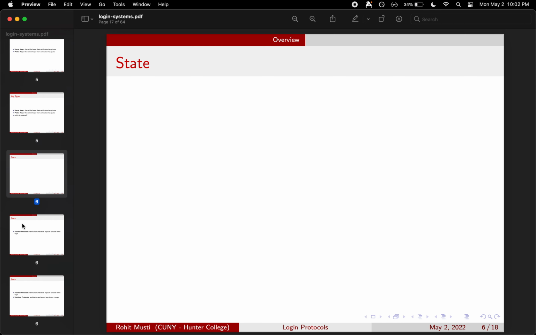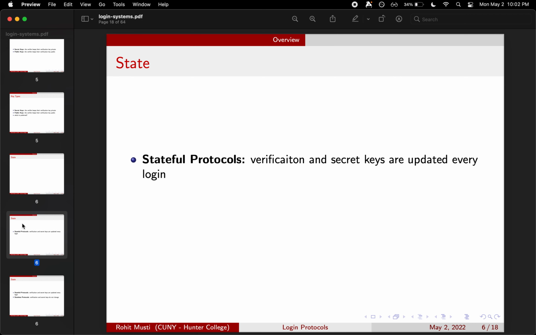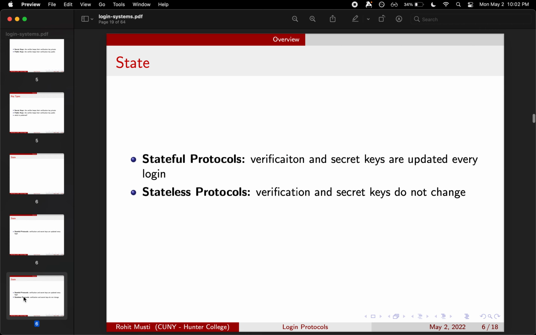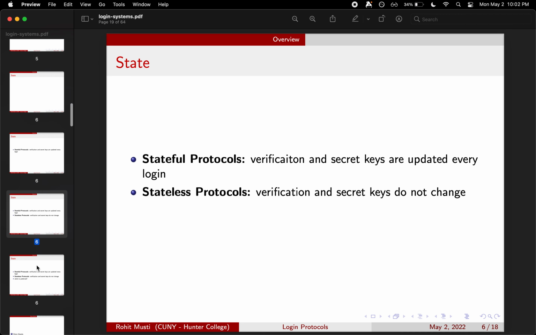Next, a principle at play here is state. So there are stateful protocols where verification and secret keys are updated at every login, and there are stateless protocols where verification and secret keys do not change. Which of these do we prefer?